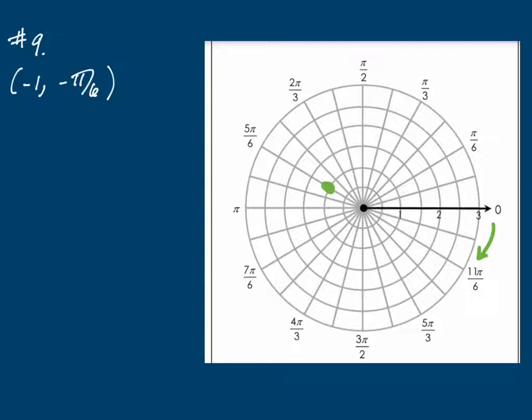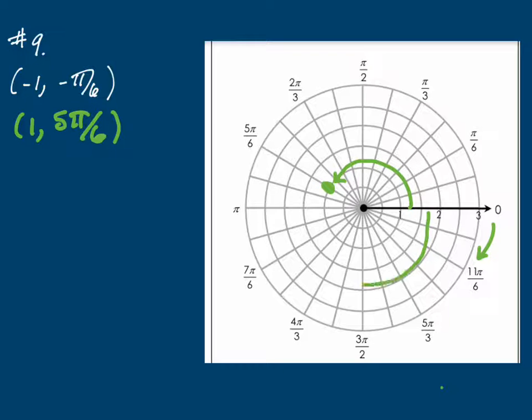So my first point that I'm going to take is this angle, and go forward. So that would be a +1, and it would be 5pi/6. And then I am going to go backwards angle.